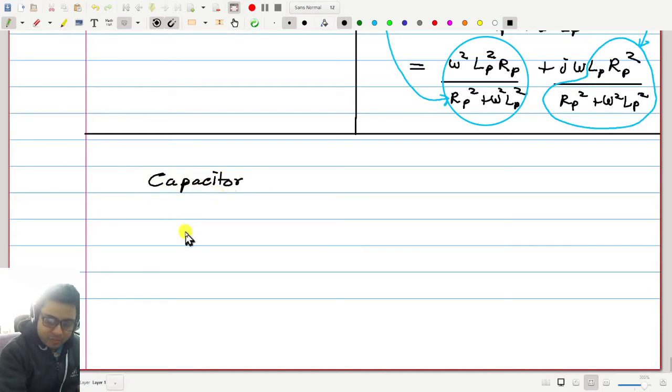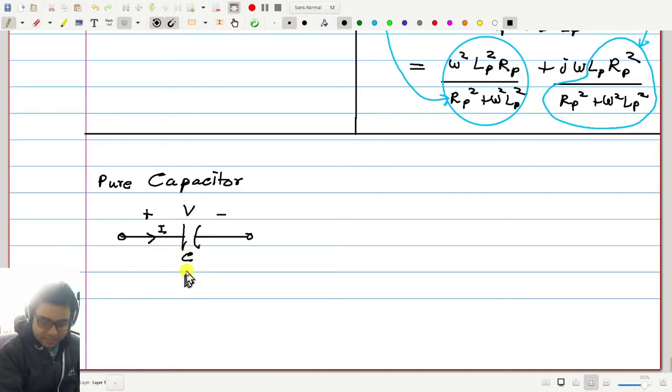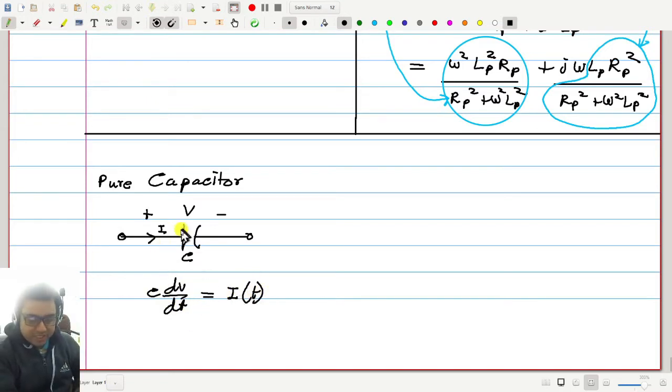And we know we indicate a capacitor with this symbol, but this is the symbol of a pure capacitor for which the relation between the voltage and the current is, if this is capacitance C, then C dV/dt is equal to I. This is the relationship between voltage and current for a pure capacitor.